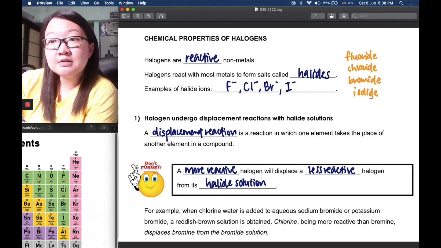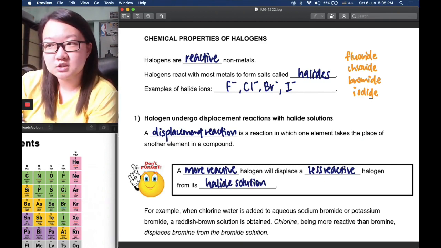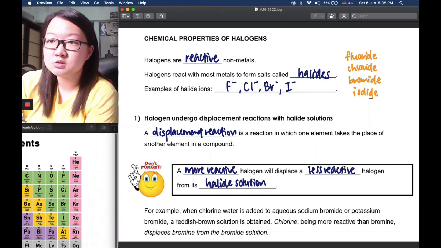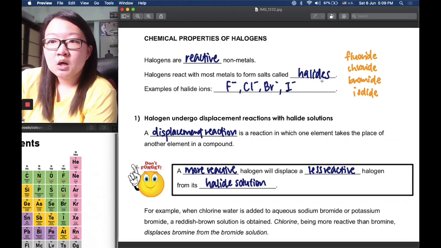If we go back to an example we are very familiar with, sodium chloride, it is just the halogen, in this case chlorine, reacting with a metal, sodium, to form a salt called sodium chloride, which is a halide. So that's what the naming means.